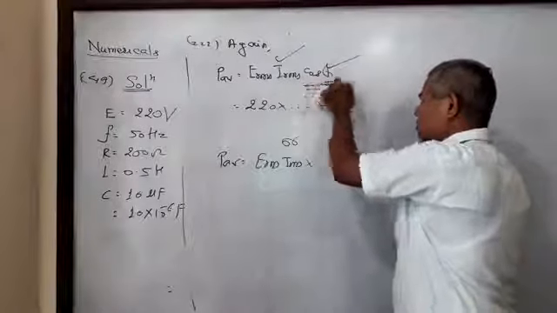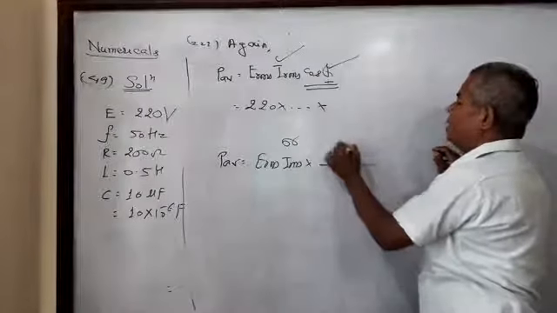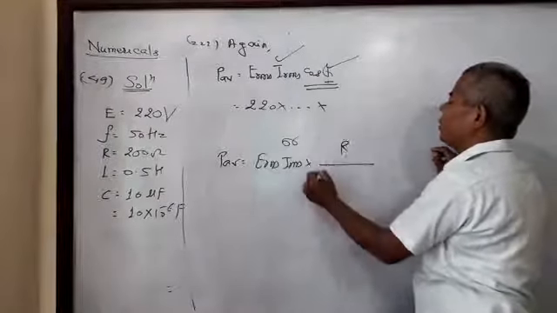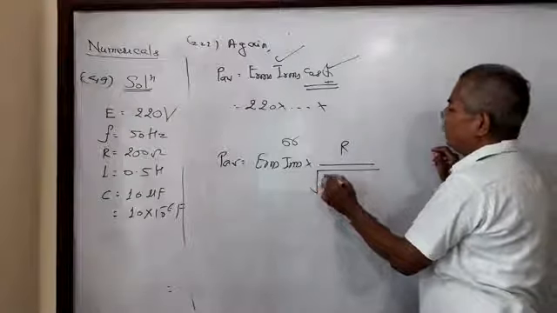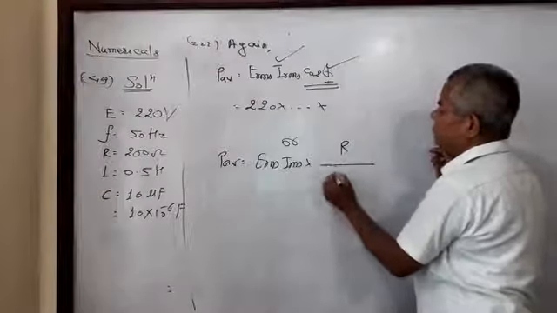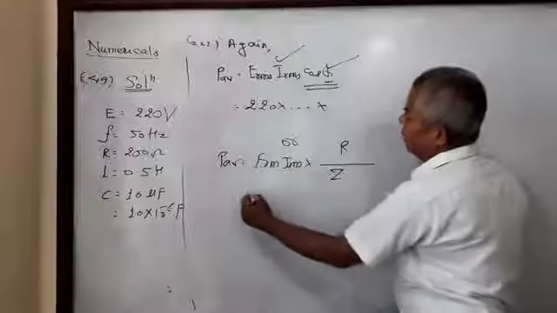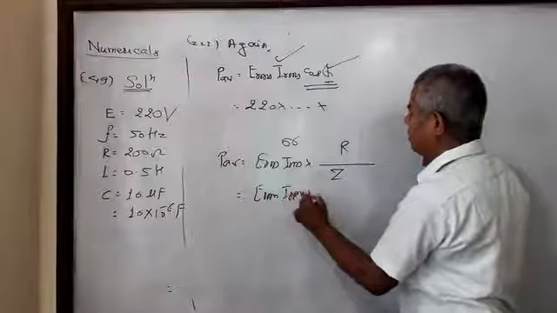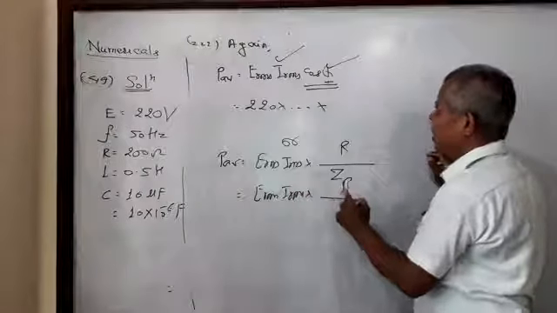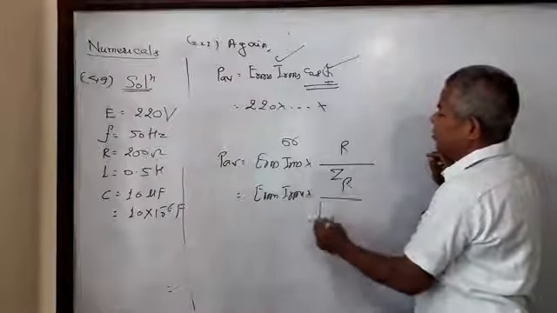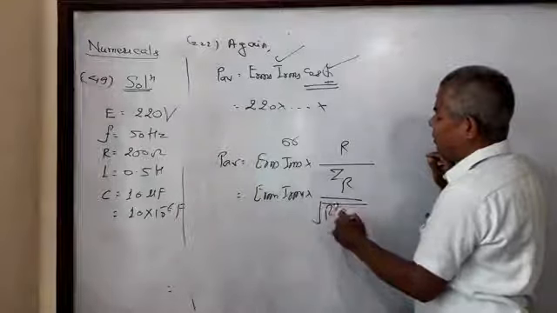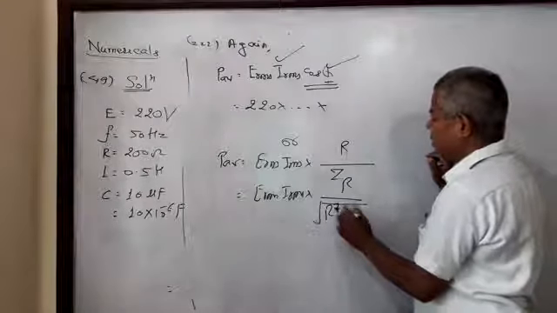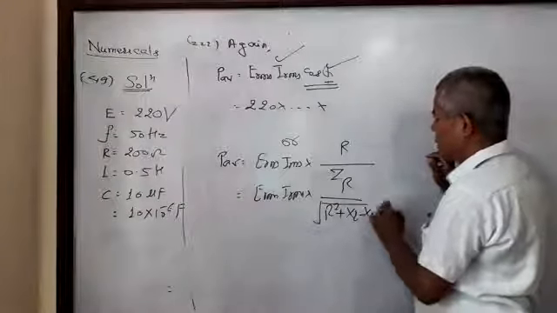This cos phi is replaced by R by Z, and Z has the formula: root under R square plus XL minus XC whole square.